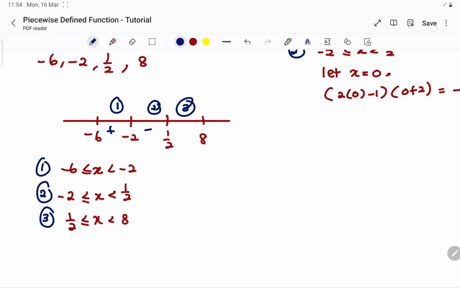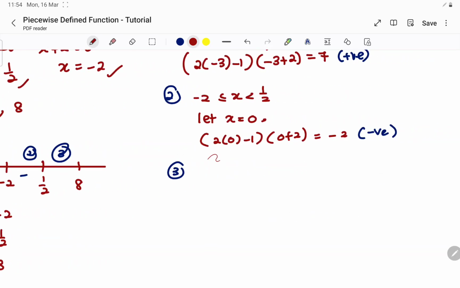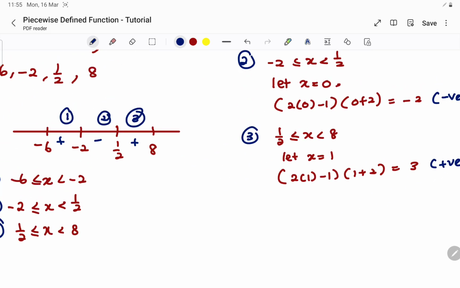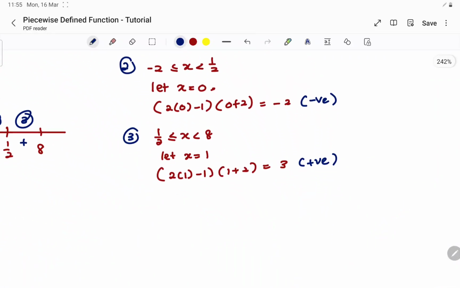Then you do the same also for the third region, which is 1 over 2 until 8. Here I will use x is equal to 1, so I substitute inside. I will get 3, and this value is positive. Then easy lah. From this we can just simply write our piecewise function.